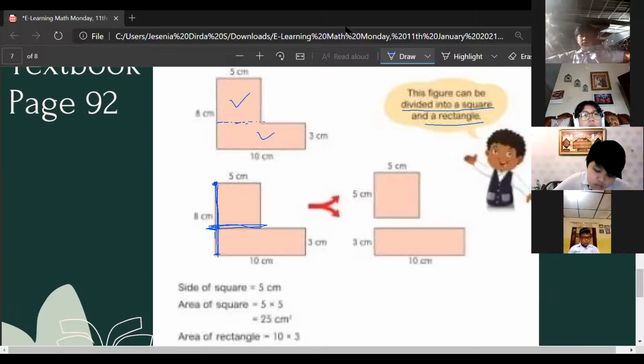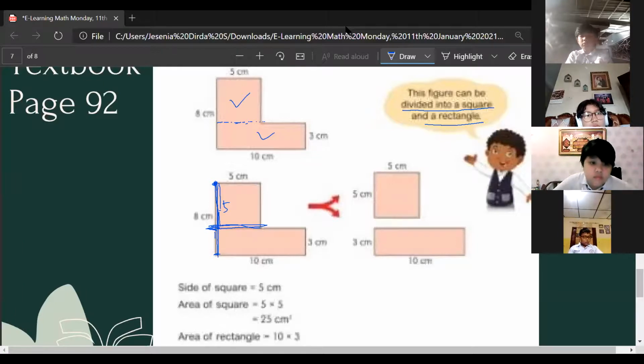Yang dari sini ke sini. Itu yang 5 kan? Why you said 5? Kenapa enggak 4 kira-kira? Atau 3 cm, Miss? Atau gimana? Karena Miss, square is sama sisi. Yang memiliki sama sisi.